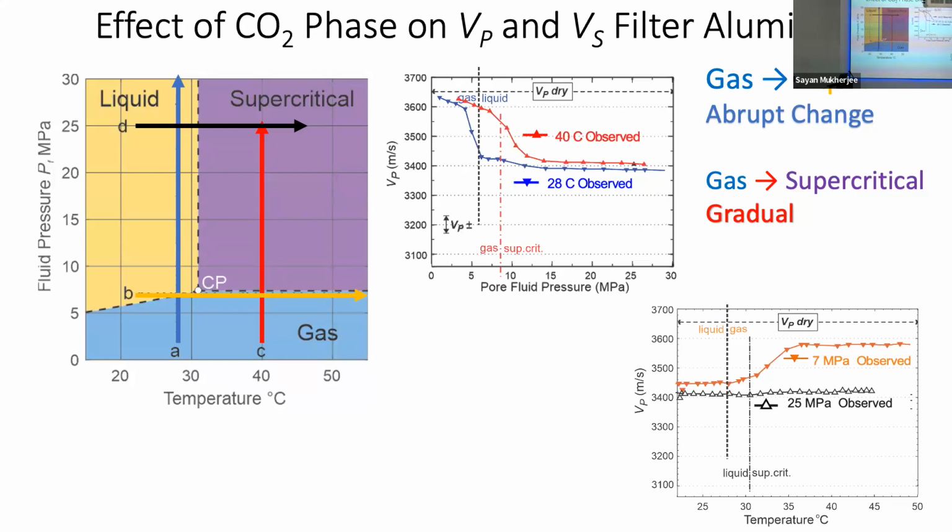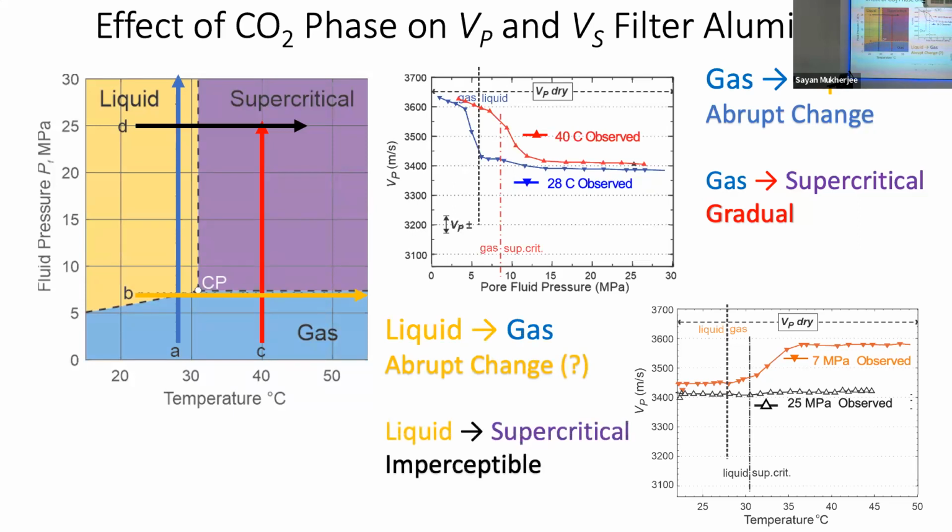So we're seeing that change there being much more gradual. So the gas to supercritical is gradual. Gas to liquid is abrupt, and the liquid to gas is an abrupt change. And the liquid to supercritical is imperceptible.